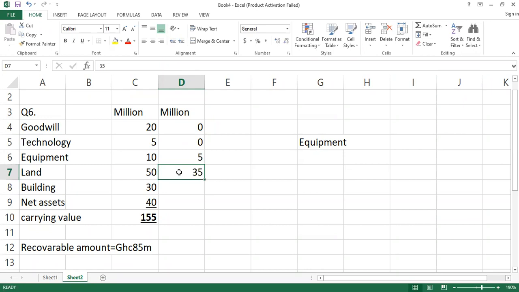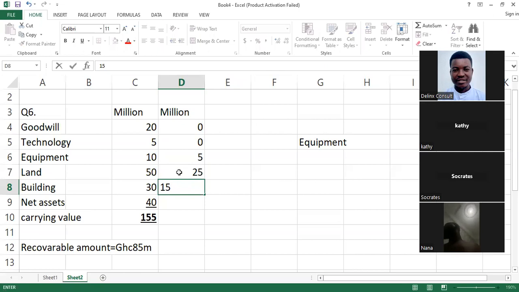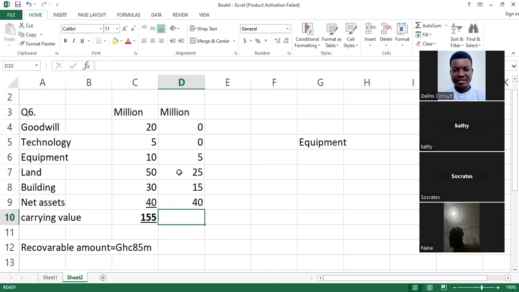Land should be 25, so the impairment was 25. Building will be what? 15. And the net asset will still be the net asset. At the end of the day, if you add, you should get the same 85 that you used as the recoverable amount.